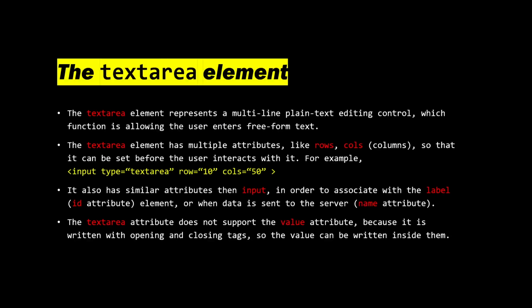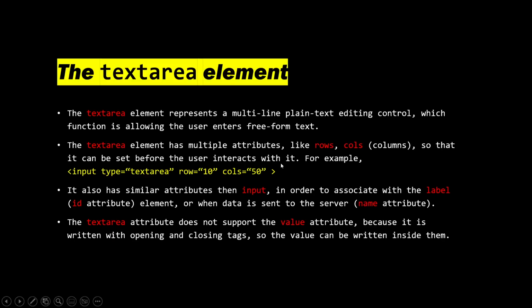The next element. This element represents a multi-line plain text editing control. It has multiple attributes like rows and columns, ID and name attribute, very similar to input elements.